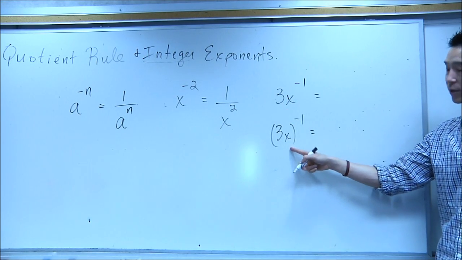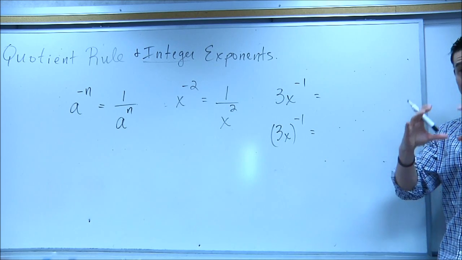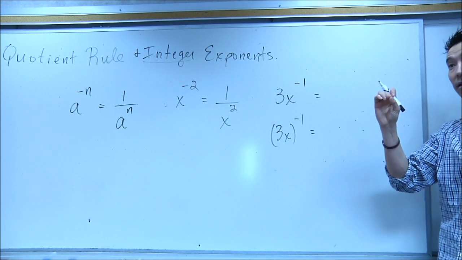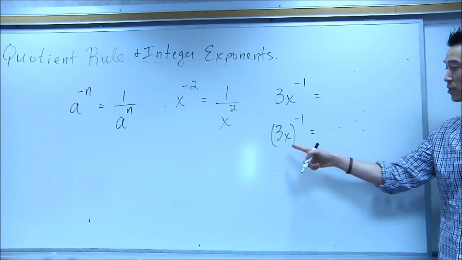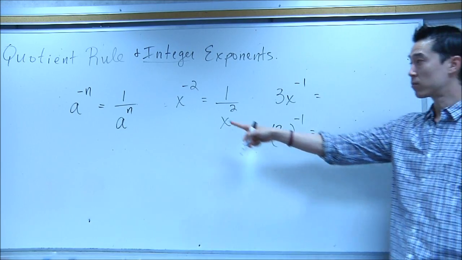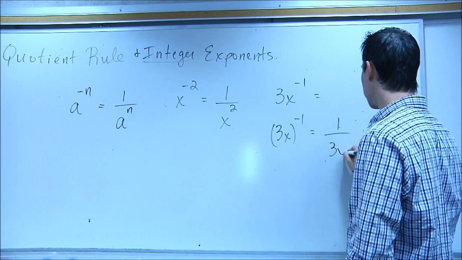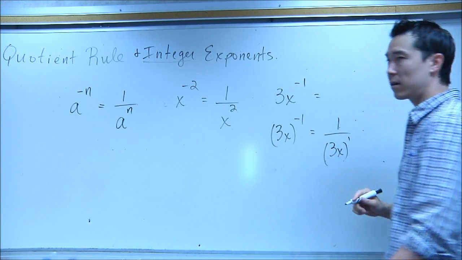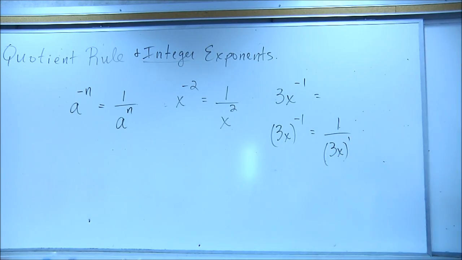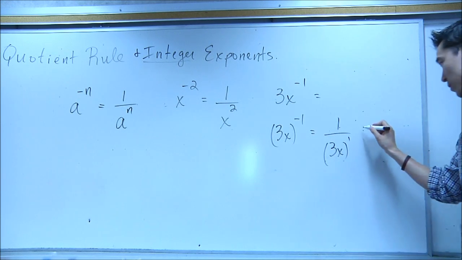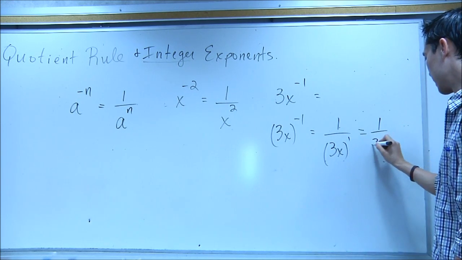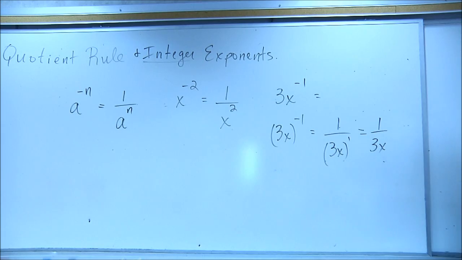In this bottom expression, because of the use of parentheses, everything in the parentheses is being raised to that negative 1 power, okay? So this one, by this rule here, is just going to be 1 over 3x to the first power, and anything to the first power is just itself. So basically, this will just reduce to 1 over 3x, okay?